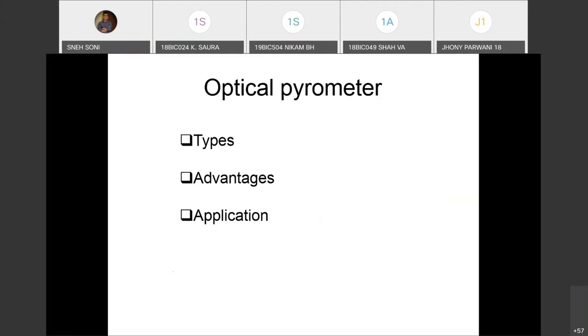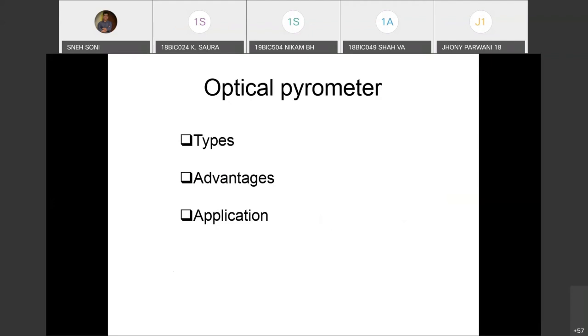If we talk about applications, optical pyrometers are frequently used for calibration of radiation pyrometers. Of the two, the optical pyrometer is more accurate. Sometimes we use the optical pyrometer as a calibrator for the radiation pyrometer. Everyone is understanding? All points are clear?